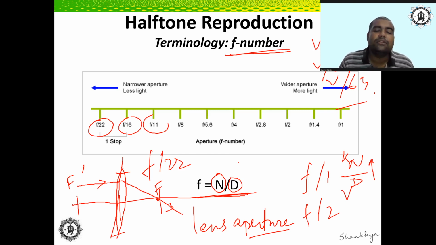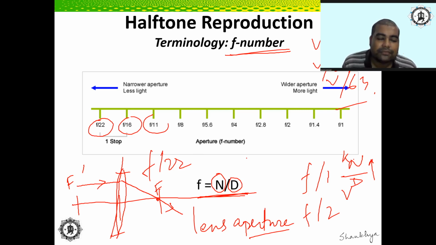Lens aperture, you can say, is an opening, lens opening. So lens opening will control how much light is entering through the lens into the optical system. So if you are increasing the D value over here, if you are increasing D, that means you are allowing more light to enter into the camera.